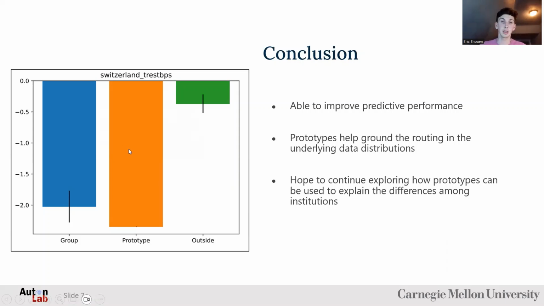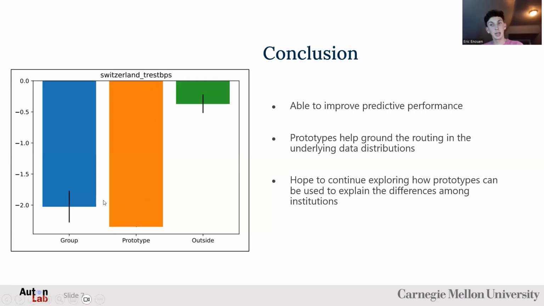So as we can see on the left, TRESTBPS is the resting blood pressure when they're admitted. And we can see that for the Switzerland data set, this blue is those samples that are routed to the Switzerland model, and the prototype is the average sample in the training set for this feature.